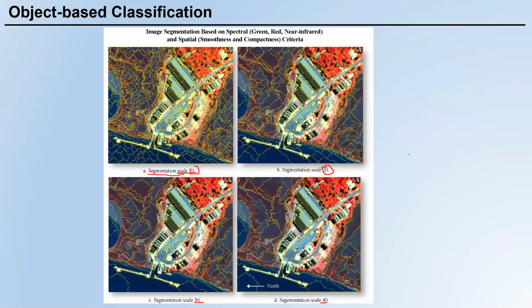Today, maybe there is an update about this part. I'm not quite sure about that, but there is another remote sensing software called eCognition. I think that's the name. It is very famous for object-based classification.